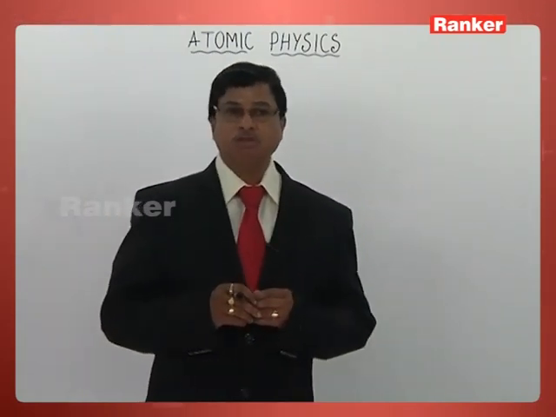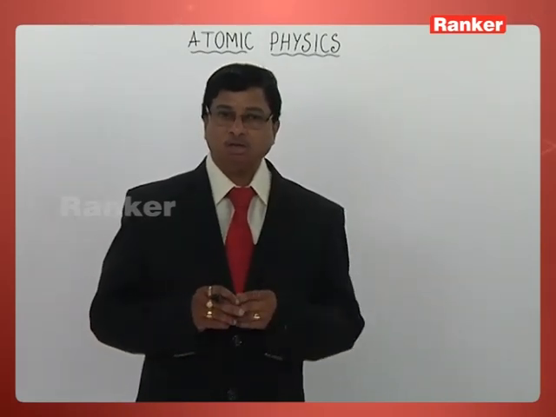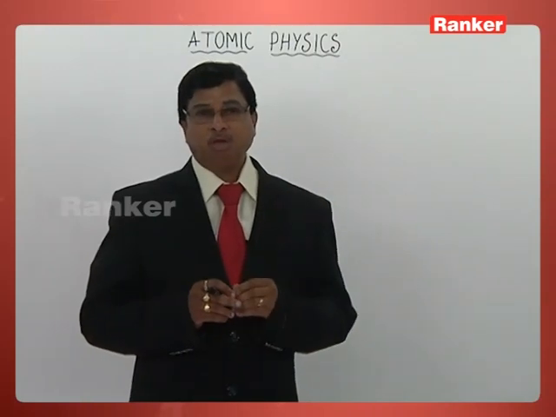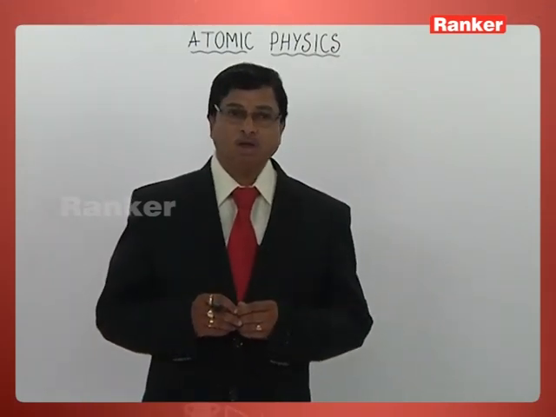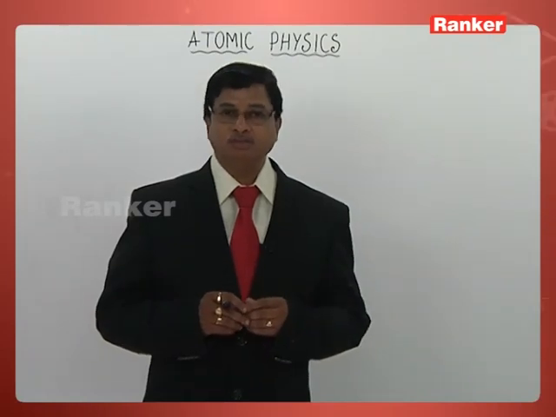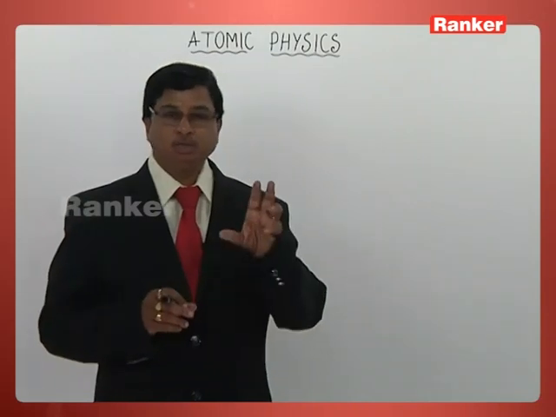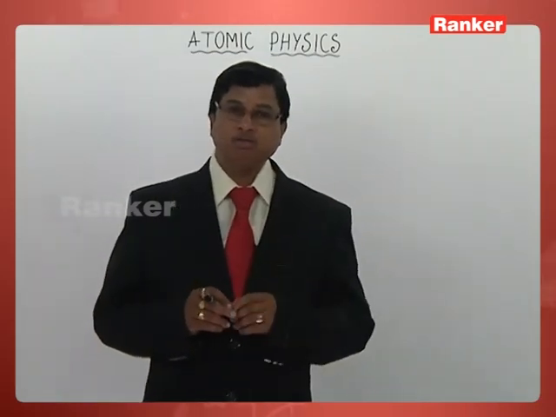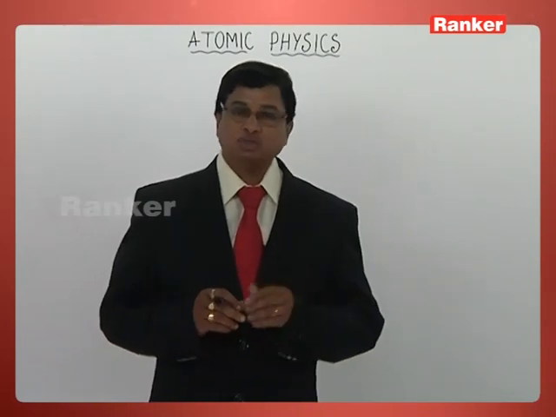Another important feature is to concentrate on two areas. One, the e by m of cathode rays. The value is known to you all, 1.76 into 10 power 11 coulomb per kg. That value was determined by J.J. Thomson, so you should know that experiment.